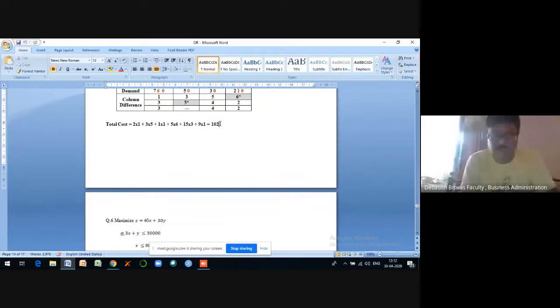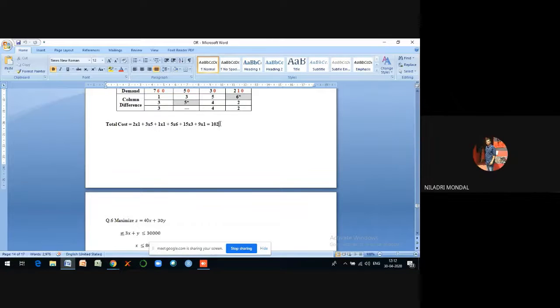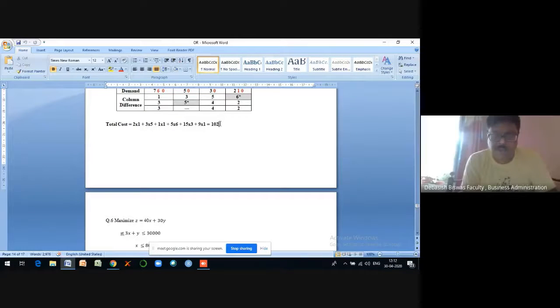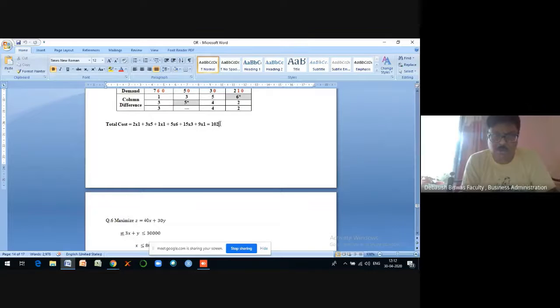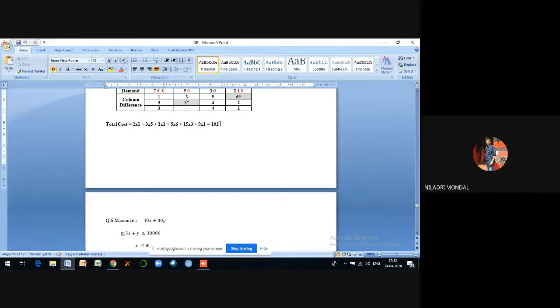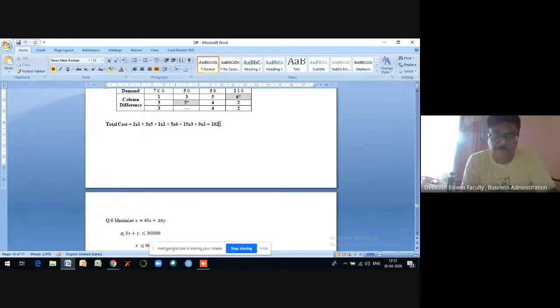And in the next class, I will start how to solve assignment problem. And the very popular method is Hungarian method. So we will use Hungarian method in order to solve assignment problem, whether it may be the maximization case or the minimization case.